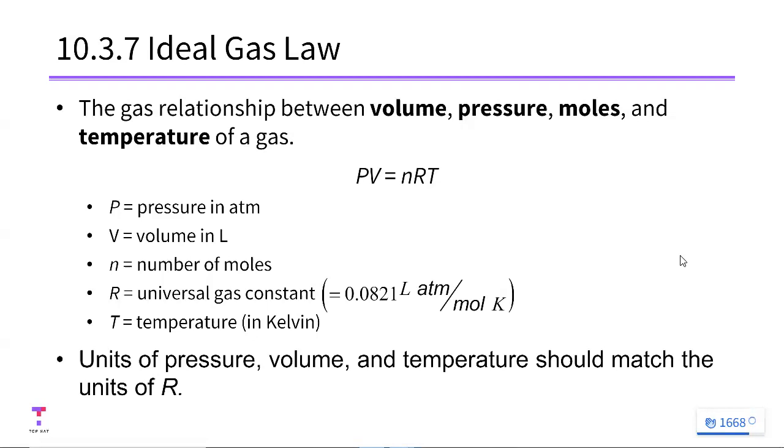You could set up a new version of the combined gas law this way. Here's a problem though. The number of circumstances where we would actually use this is relatively low.